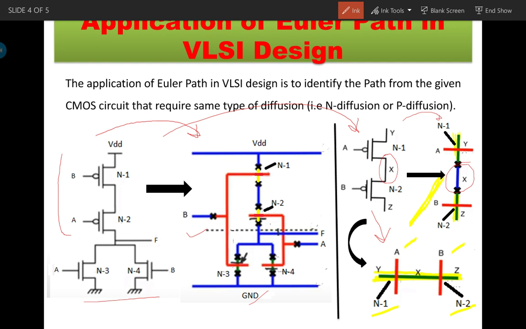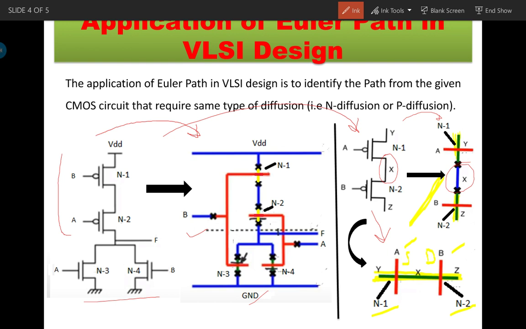That is, the source of one transistor and the drain of the second transistor share the same diffusion line. That is the main concern here: instead of using the metal contact between the two transistors, the same diffusion line shares the source of one transistor with the drain of another transistor.